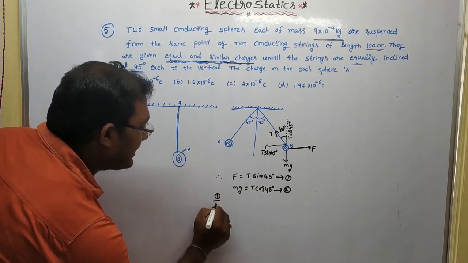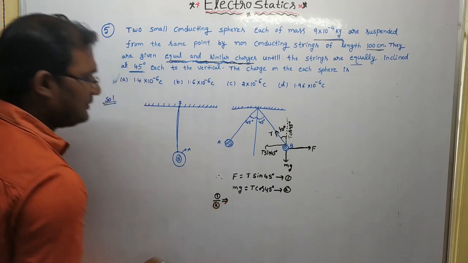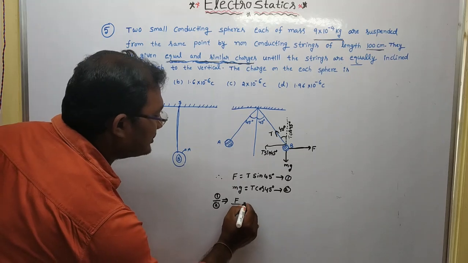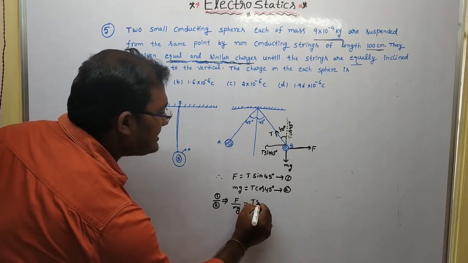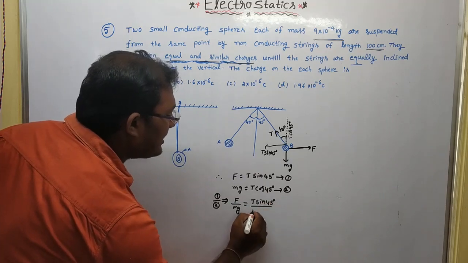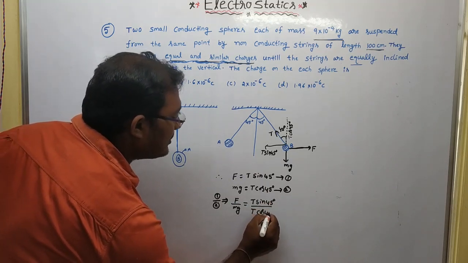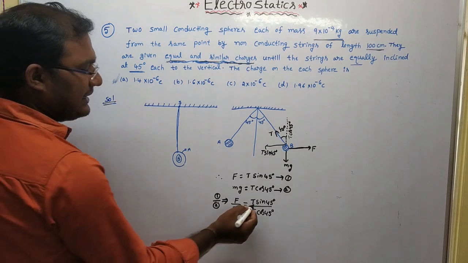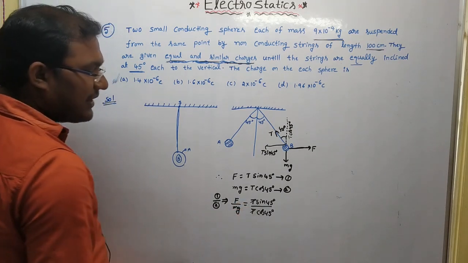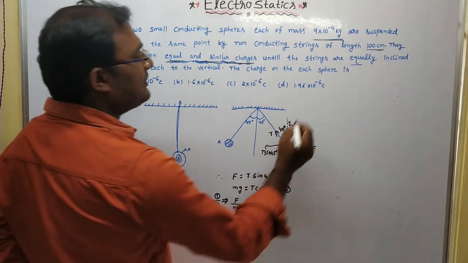1 by 2 implies we get F by mg equal to T sin 45 degrees by T cos 45 degrees. T gets cancelled. Sin 45 by cos 45 equal to tan 45.